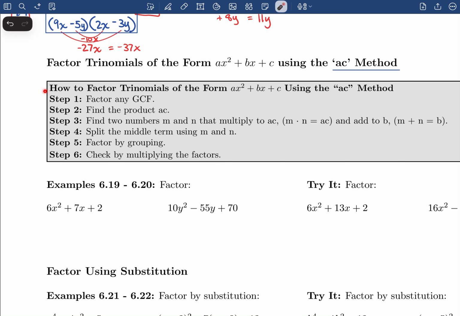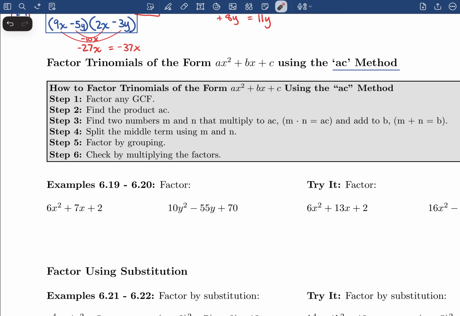So how to factor trinomials of the form ax squared plus bx plus c using the AC method. Step 1, factor any GCF. Step 2, find the product a times c. Step 3, find two numbers m and n that multiply to a times c, right? So m times n equals a times c, and they add to make b.